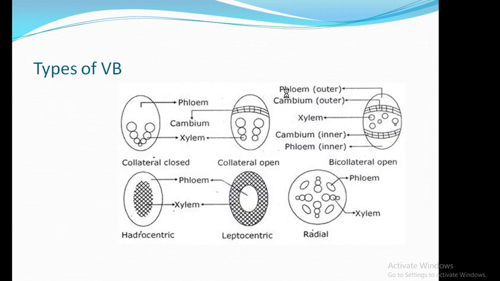I have already posted a video on the types of vascular bundles, but here are the types: closed, collateral, bicollateral, open, radial, leptocentric and hydrocentric types of vascular bundles.